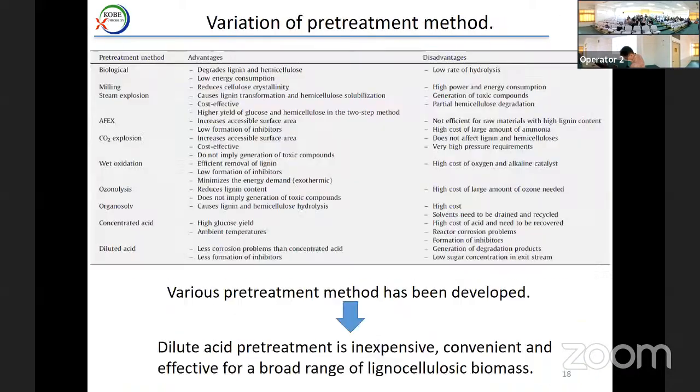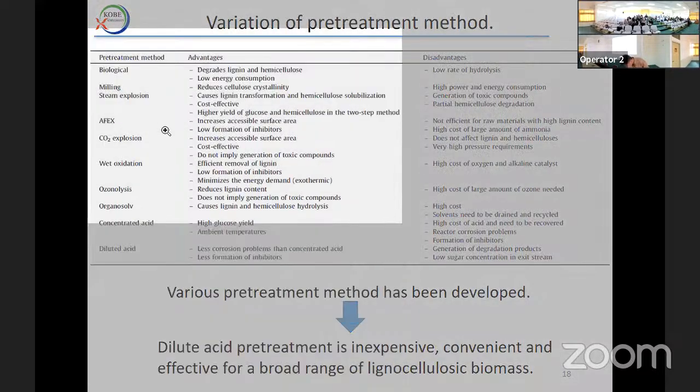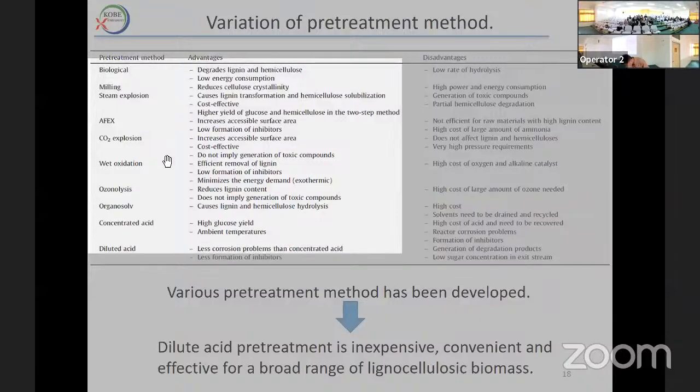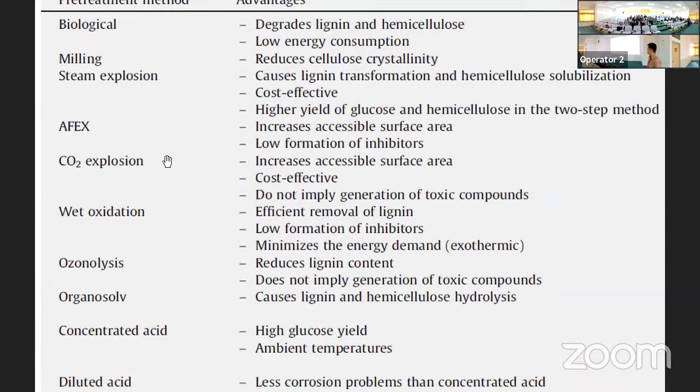Such as alkaline pretreatment or the kraft process, which is maybe too harsh for microbes, right? Maybe that's my question. Okay, thank you, Sensei.